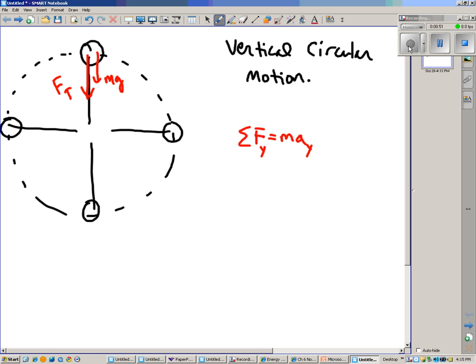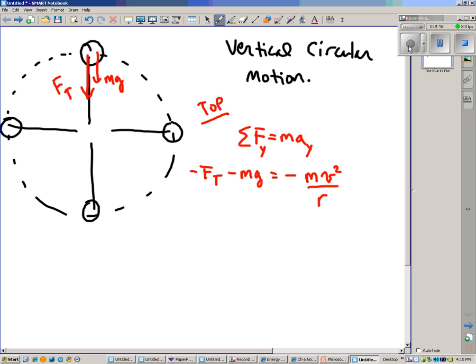And so we would have negative force of tension minus mg equals, now this is a negative centripetal acceleration that's pointing down towards the center, so that's a negative sign also, negative mv squared over r.